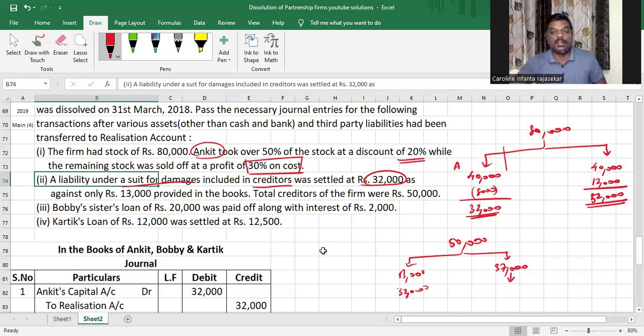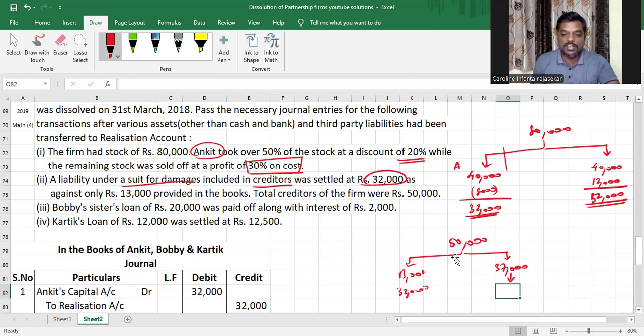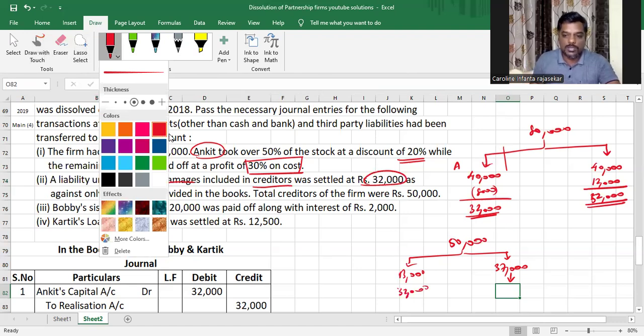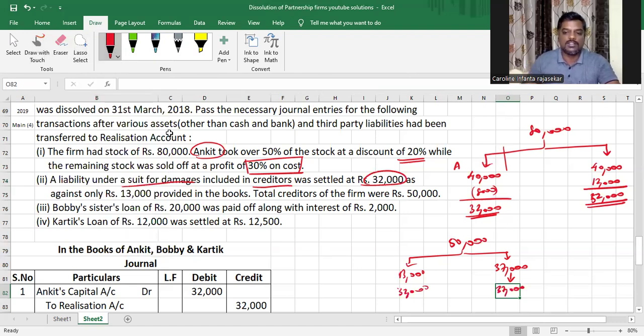The question is silent about what happens to the remaining liability, so we are supposed to assume that it was settled in full at the book value. The remaining 37,000 would have got settled at 37,000. Understood or not, my dear children? Now we have to pass a journal entry.